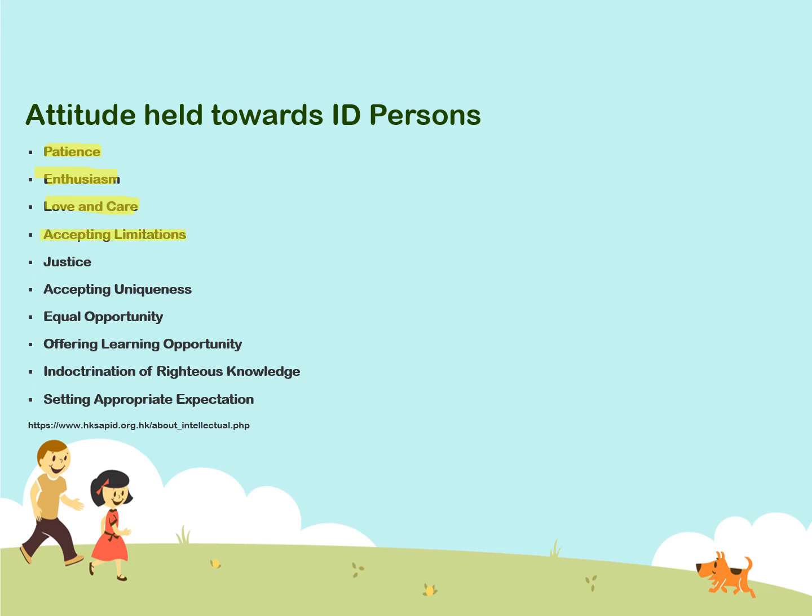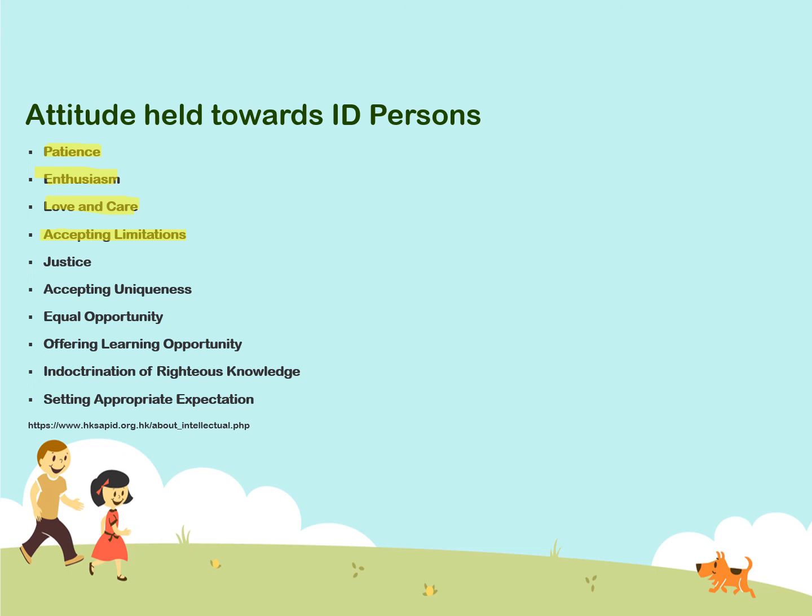Accepting the limitation. As I have mentioned before, when you have some problem inside your brain, it is definitely not only about intelligence, maybe you have different kinds of problems. So when you are doing your teaching or face-to-face service, the coach should accept their limitations.